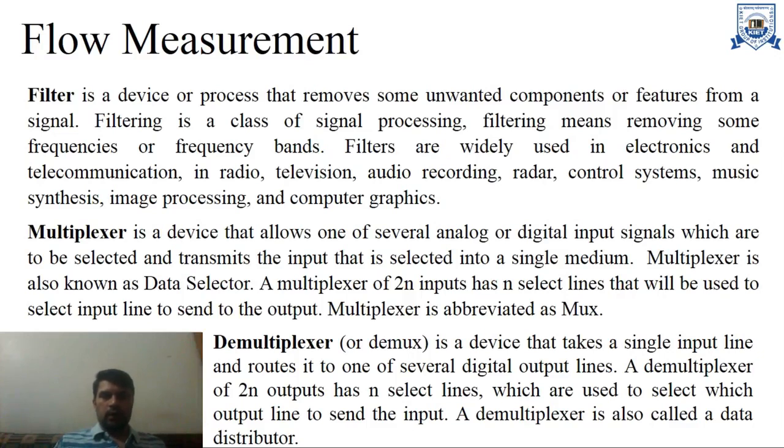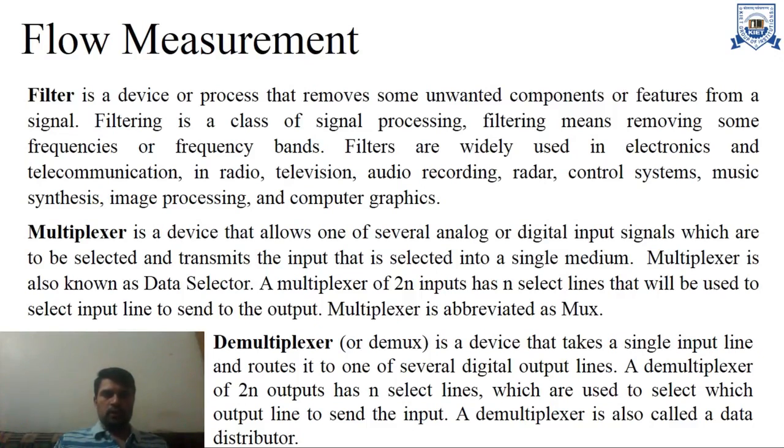A multiplexer of 2^n inputs has n select lines that are used to select which input line to send to the output. The multiplexer is also abbreviated as MUX. Basically, in a multiplexer we have three parts: input lines, select lines, and one output line. Input lines and select lines are correlated; for example, if we have 8 input lines, then we have 3 select lines.